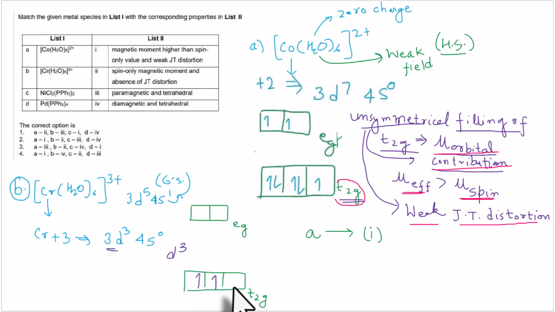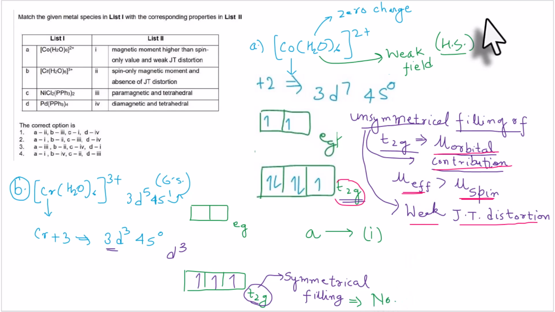So if we try to fill these 3 electrons, it has a d3 configuration. So that will be filled in the t2g orbital, 1 orbital, 1 electron. So t2g3. Now you can see that t2g3 means the t2g orbital is symmetrically filled, evenly filled. And because of this symmetrical filling, there will not be any Jahn-Teller distortion.